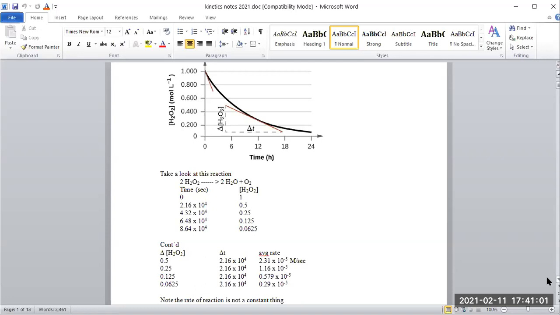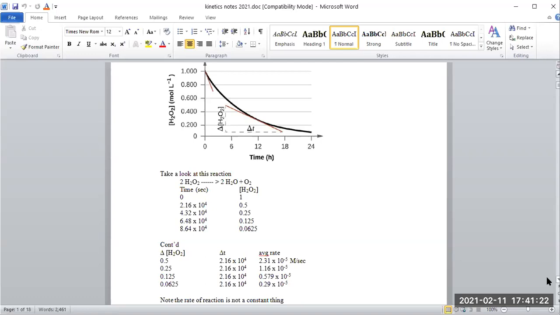2.16 times 3 gives you 6.48. So basically, what we're doing is we're using the same aliquot, the same bunch of time, but we're following it at that pace as it goes.